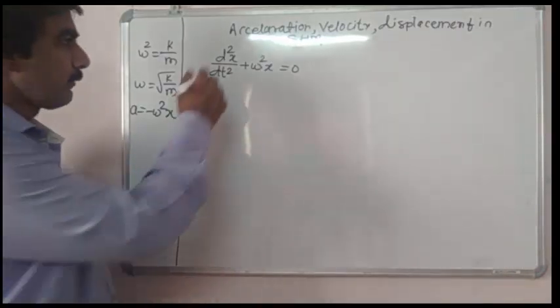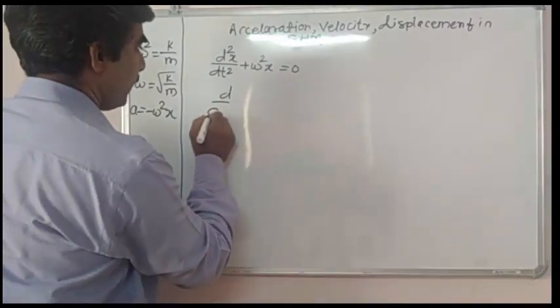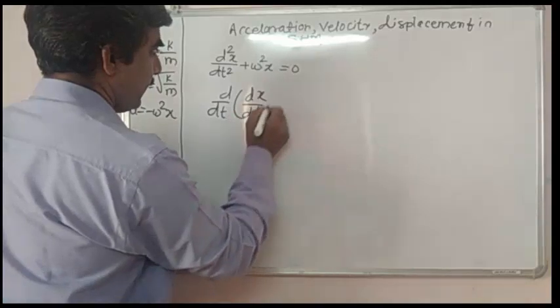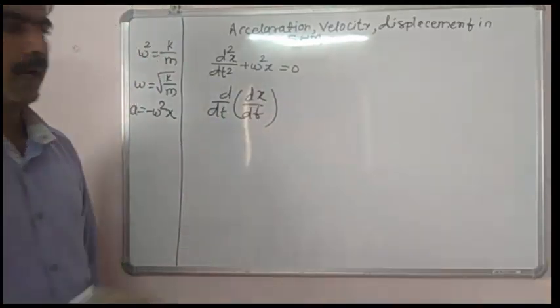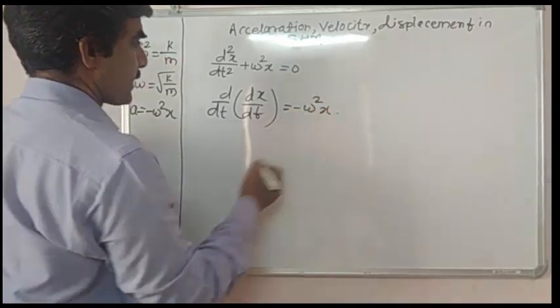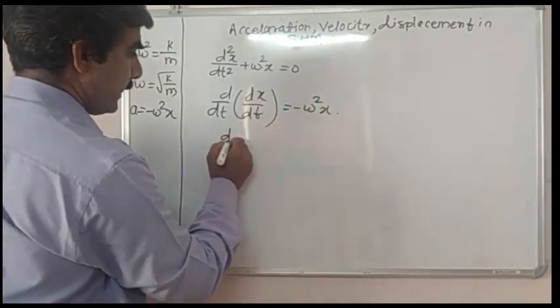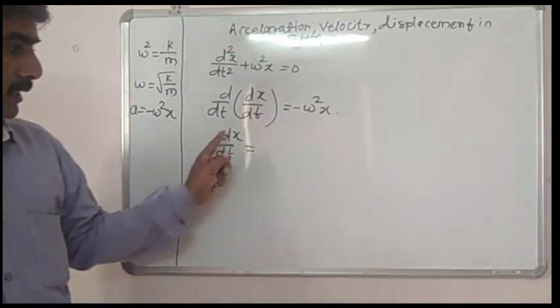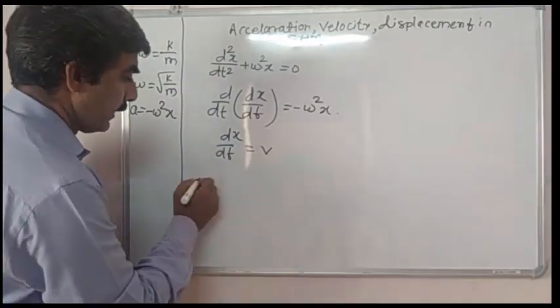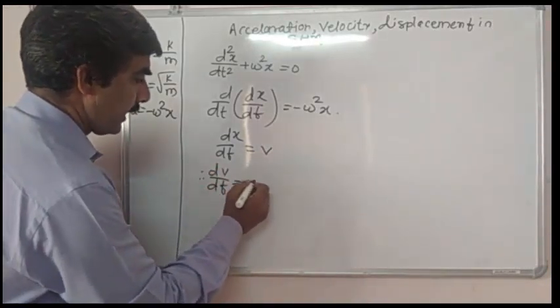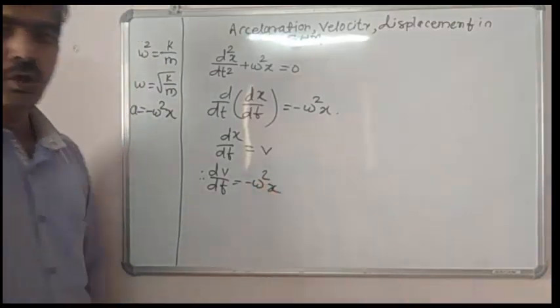Just modify this as d by dt into dx by dt, which is equal to minus omega square x. But this dx by dt is nothing but rate of change of displacement, which is v. Hence this equation becomes dv by dt equal to minus omega square x.